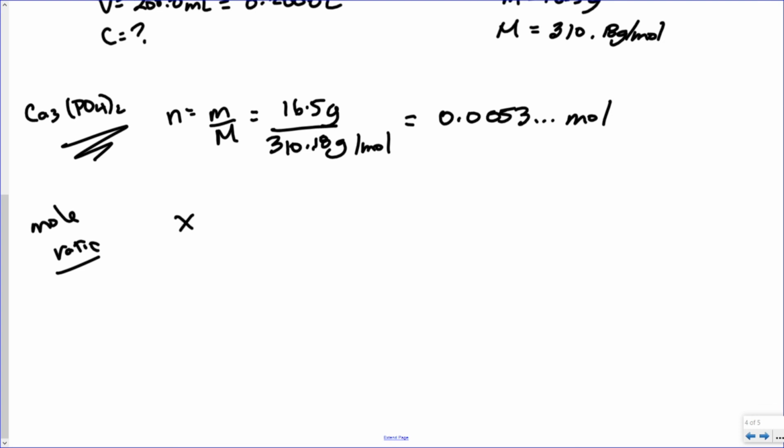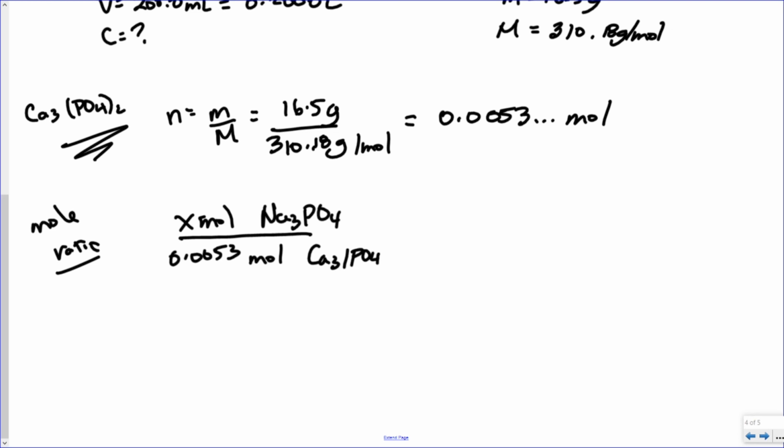So we want to find X moles of, what are we looking for here? Na3PO4 over 0.0053 moles of Ca3PO4. Over on the right-hand side, grab those coefficients from our balanced chemical equation.